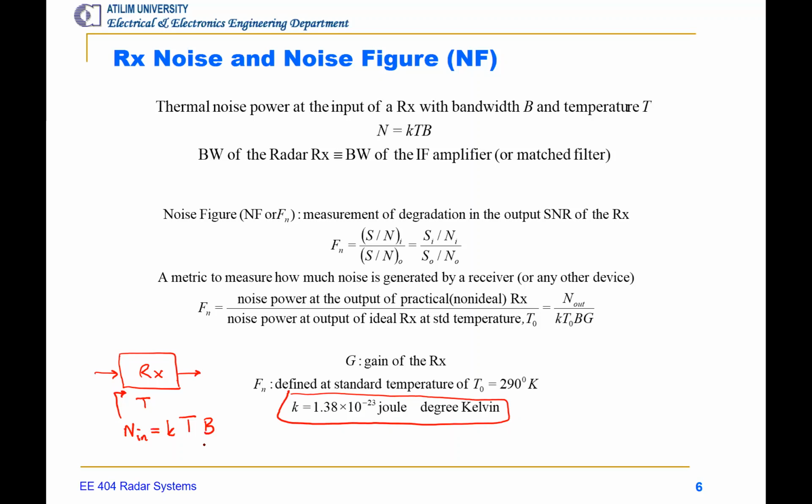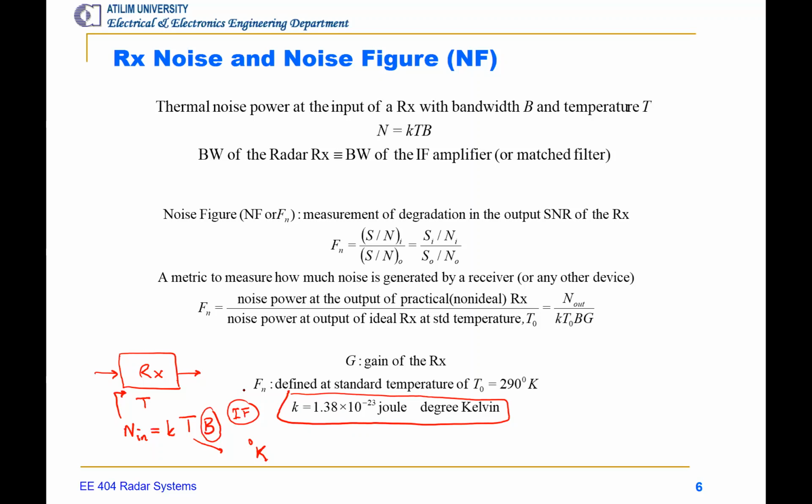And T0 is given in Kelvin, by the way, not degrees Celsius, degrees Kelvin. And the bandwidth is the bandwidth of the receiver, typically the IF bandwidth of the receiver can be taken.